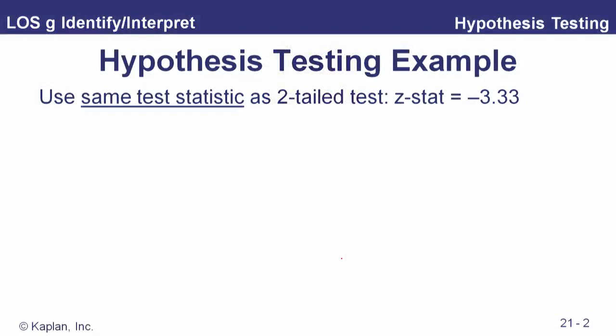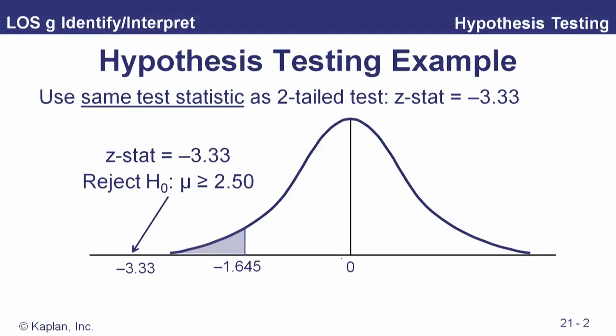So same test statistic, and we got minus 3.33. So now we're going to reject that mu is greater than or equal to 2.5, because we have the 0 here, remember, because we're working with the difference between our sample mean, 2.49, and our hypothesized mean of 2.50.